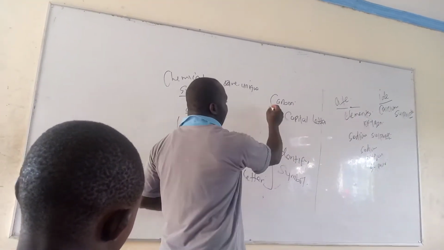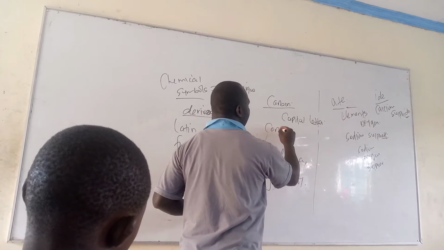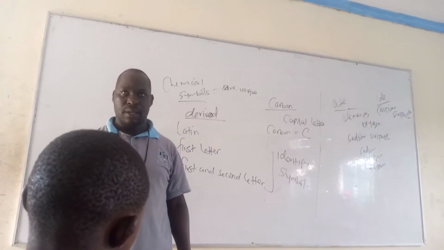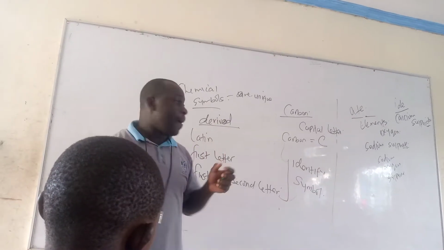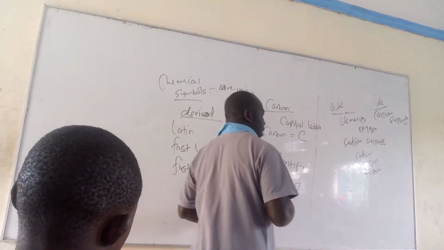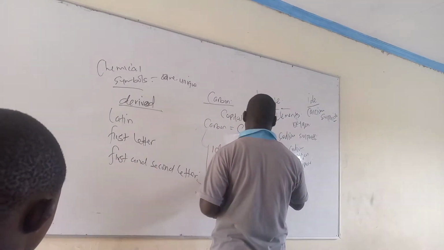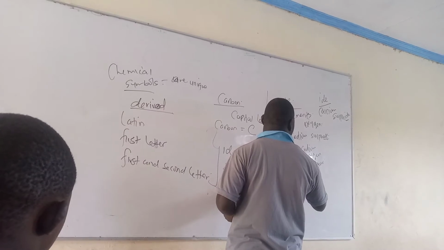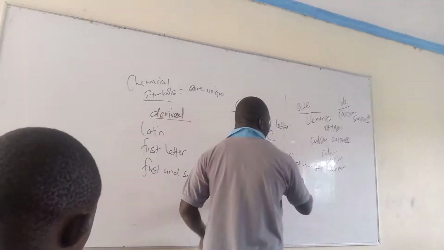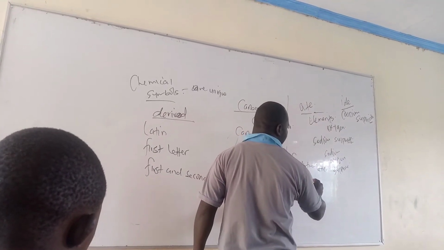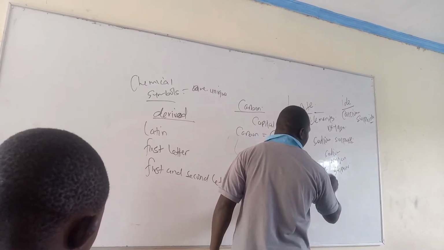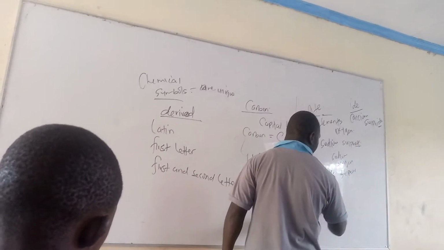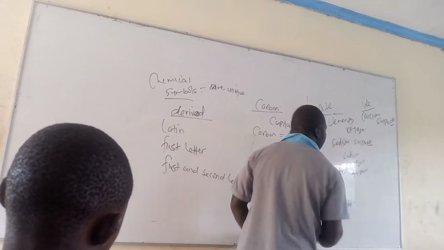That is, the chemical symbol for carbon will be capital C. Are we getting one another? Yes. But if I have to derive it from the first two letters of that element, then the first one I must write in capital, and the second one I write in small letter. So I need to know.